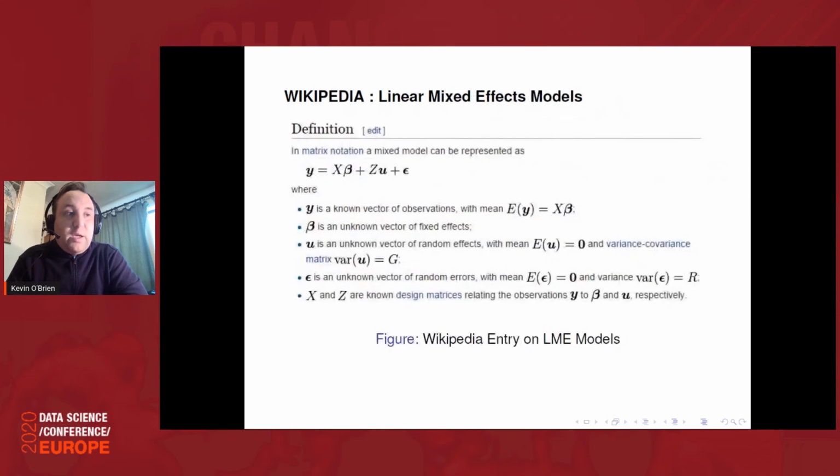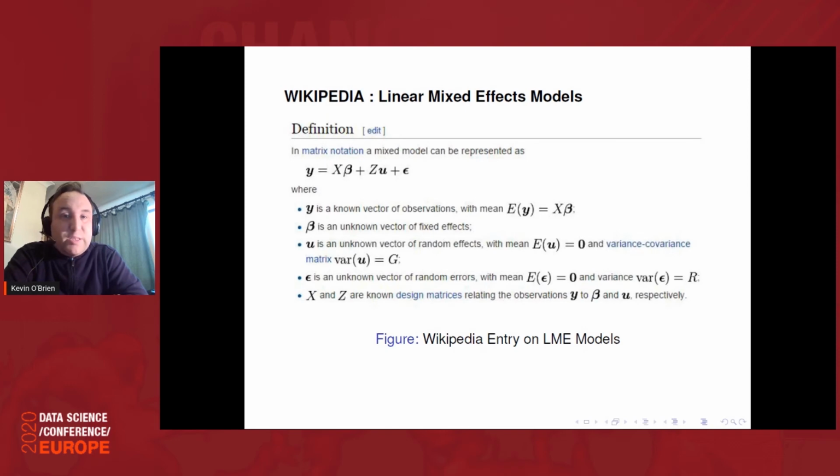But essentially what we can do here is generalize this to linear mixed effects models. We can consider linear models as a subset of linear mixed effects models. So in linear mixed effects models, there are fixed effects and random effects.